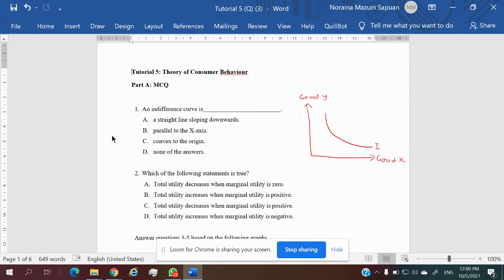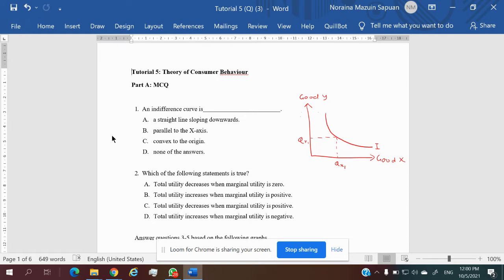And it's shown here as I. I is the indifferent curve. The indifferent curve shows the combination of goods that the consumer will purchase. Let's say here is the combination of good X and good Y that the consumer will purchase, right? Let's say here is QX1 and here QY1.